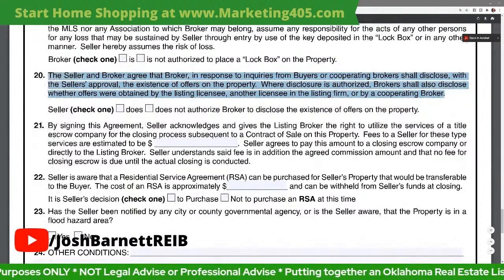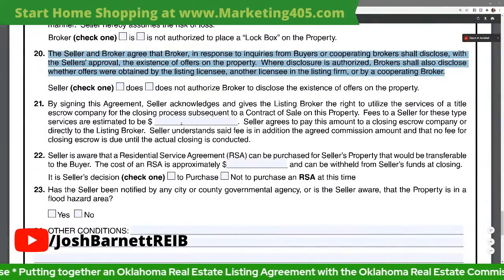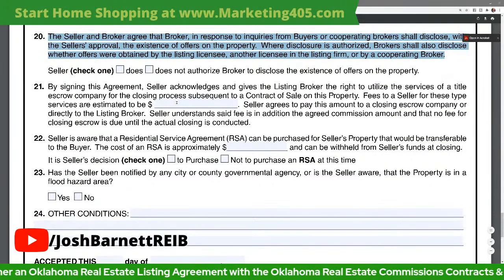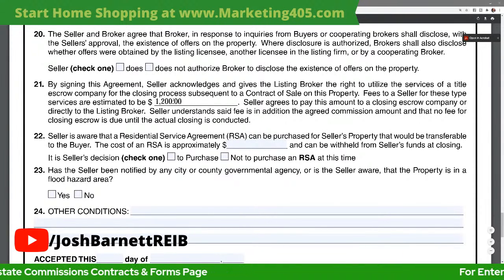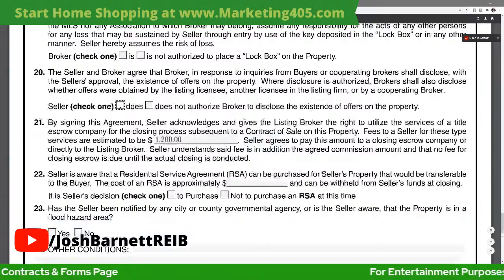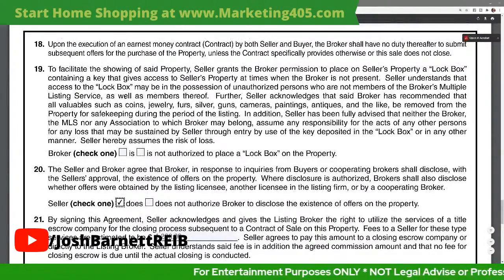And then 21 talks about the typical fees associated with the title company right here. So you put $1,200 right there, typically on clause 21. Put $2,100 right there. And then 20, it authorizes the lockbox. And then, like I said, number 19 is the lockbox.